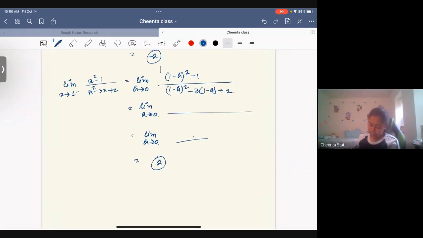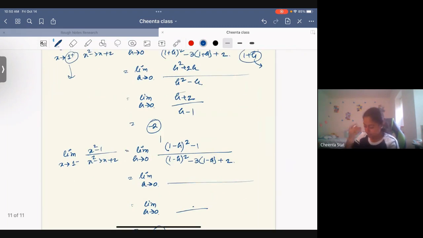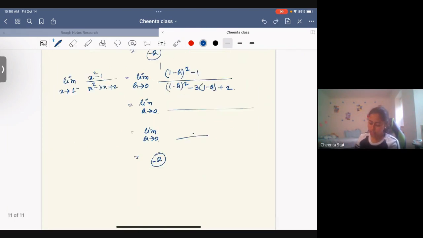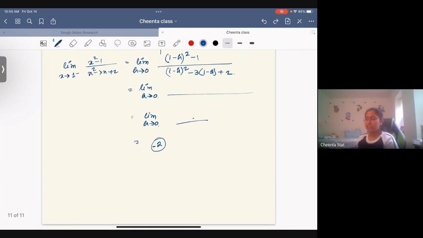So then solve it and it will also come minus 2. So exactly, we can find these two things like at x equals to minus 1 and x equals to plus 1. Both of these are coming to minus 2. So yes, limit exists.